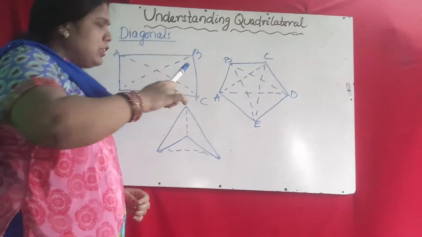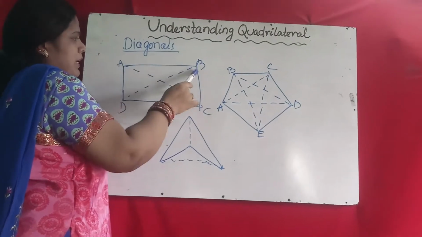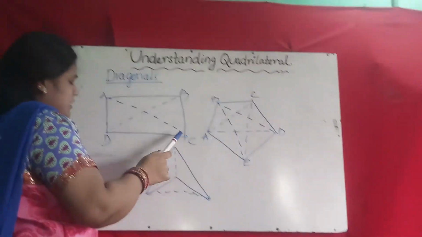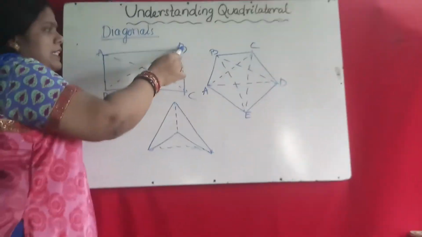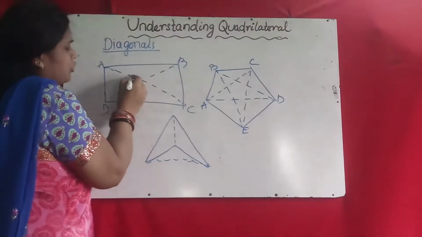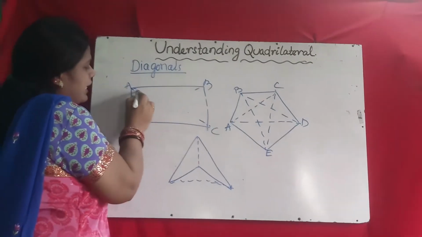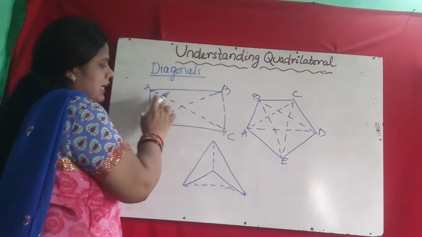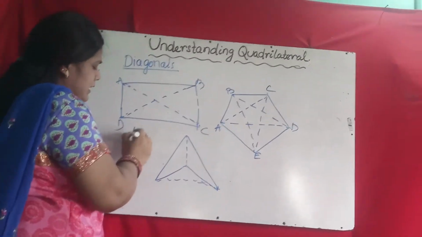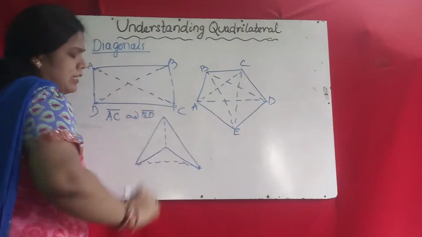Consecutive means A, B. The consecutive of A is B, B is consecutive to C, C is consecutive to D. So join A to C. Then B to D. Then AC and BD are the diagonals.